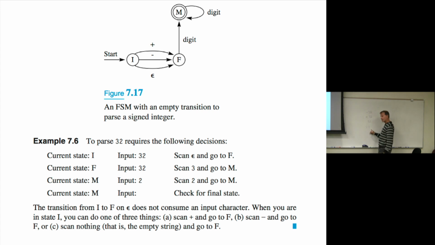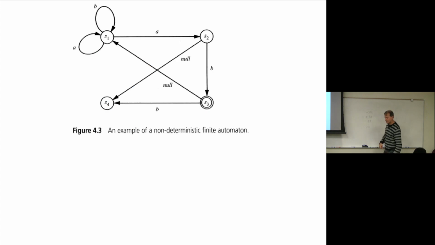So it will not recognize this string as a single signed integer. I don't know if that answered your question. Okay, so now look at this. Our author, I think this is also from the 3rd edition.